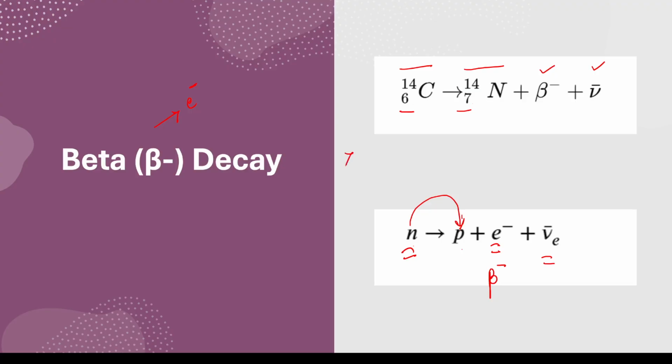Remember, the mass number is nothing but the number of neutrons and protons. The number of neutrons has decreased, but the number of protons has increased by the same. So the mass number remains the same, atomic number increases by 1, and electrons are emitted, which are called beta minus, along with antineutrino particles. They're nothing but just energy particles, but we'll study about them later.